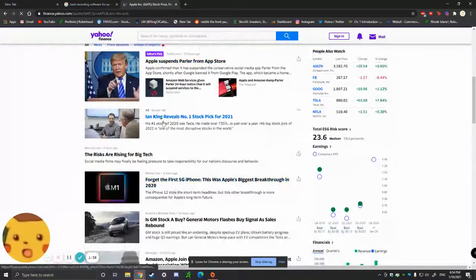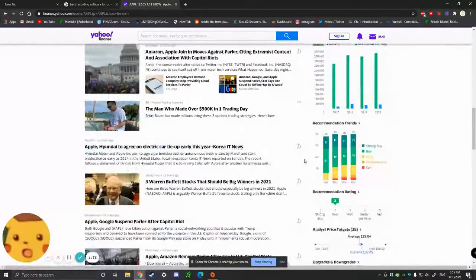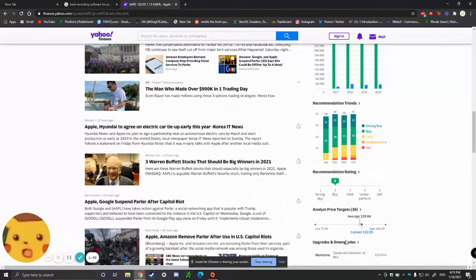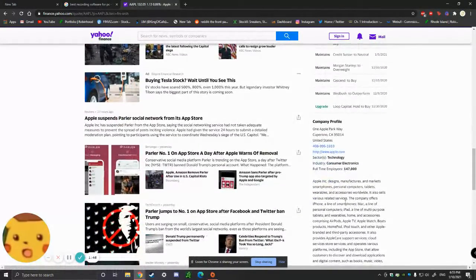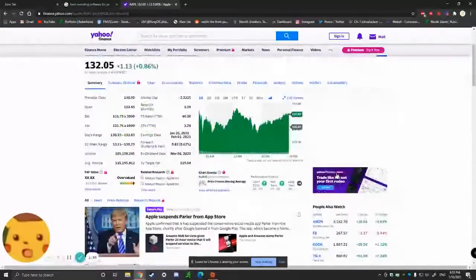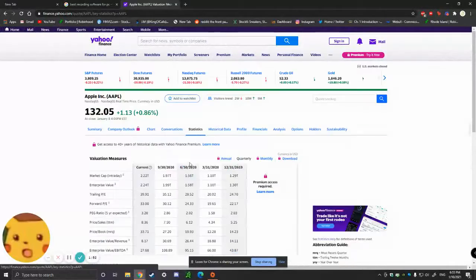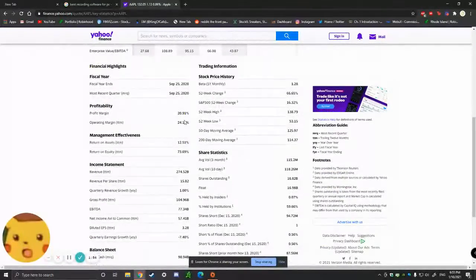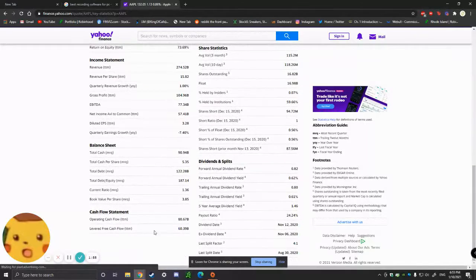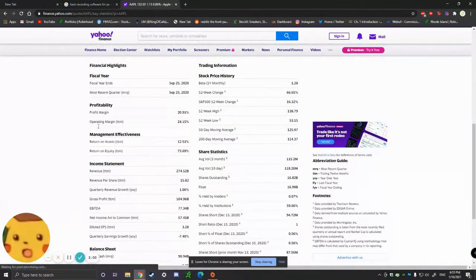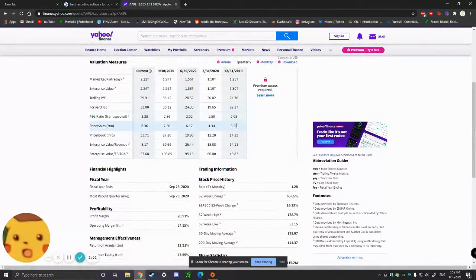You can see the news that they've had, their earnings, their analyst reviews, price targets, upgrades, downgrades, a summary of the company. And then what I like to do is come over here to statistics, and this is where you can see your profit margins, your total cash, your debt, your cash flow, your float, all of this stuff. It's very important stuff. This is where you find it.